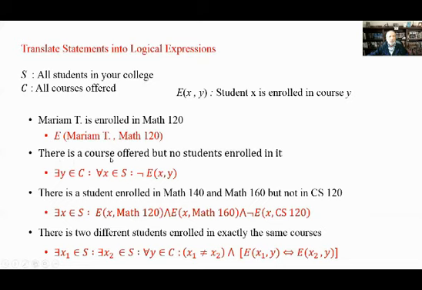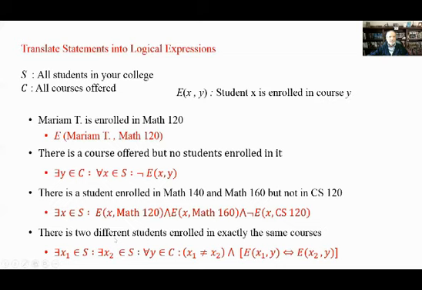There is a course offered, but no student enrolled in it: there is y in C, for any x in S, not E(x,y). There is a student enrolled in Math 140 and Math 160, but not in Computer Science 120: there is x in S, E(x, Math 140) and E(x, Math 160), and not E(x, Computer Science 120).